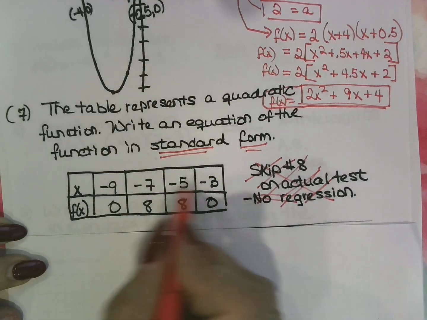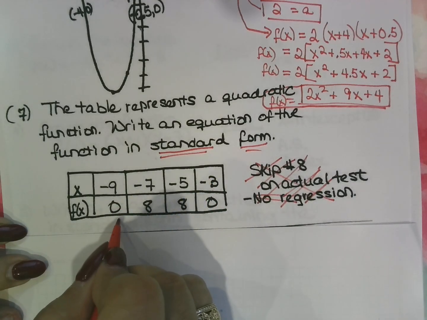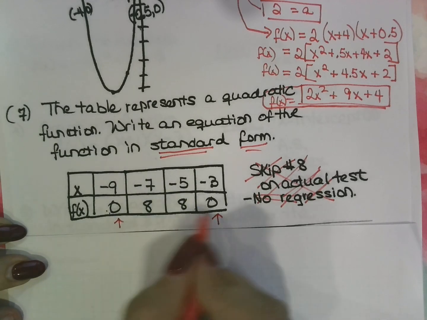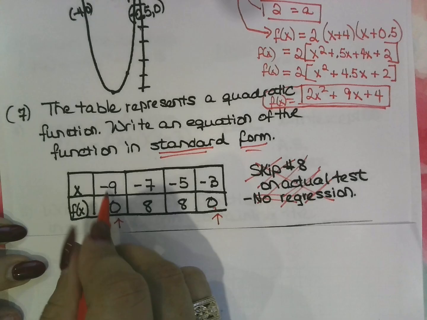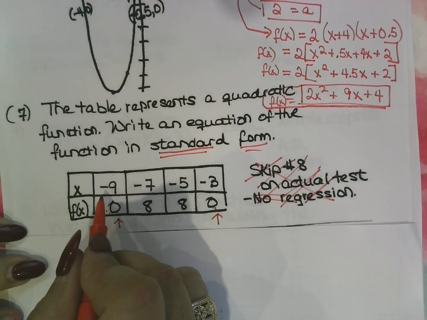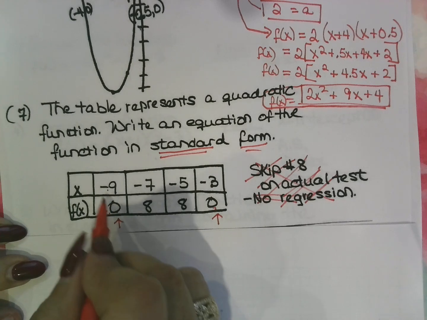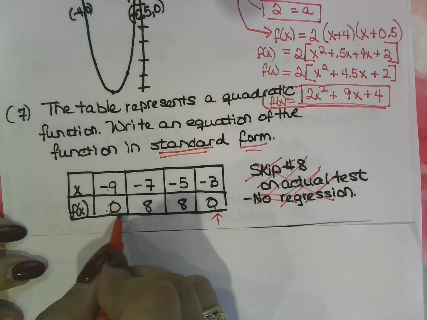Okay, looking at this table, we see these 2 points that are 0 at y values. These are x-intercepts, right? We know that x-intercepts are the x values that when you plug them into the equation, make the equation 0.